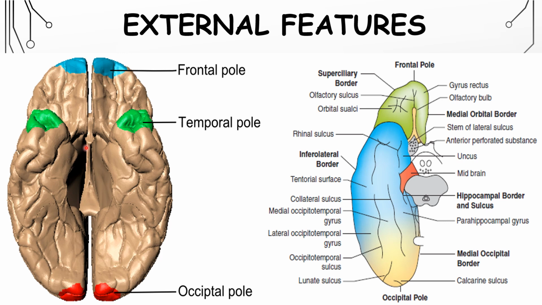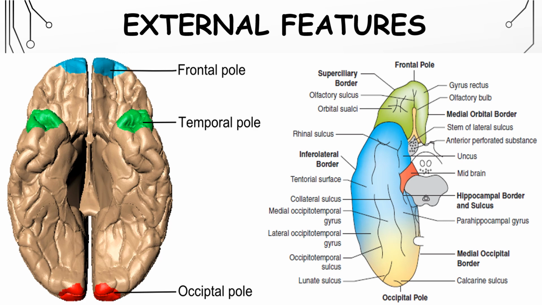And the three surfaces we have to know are the superolateral surface, the medial surface, and the inferior surface.